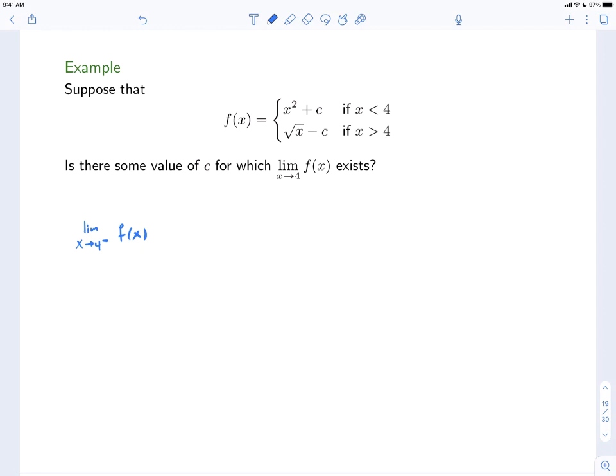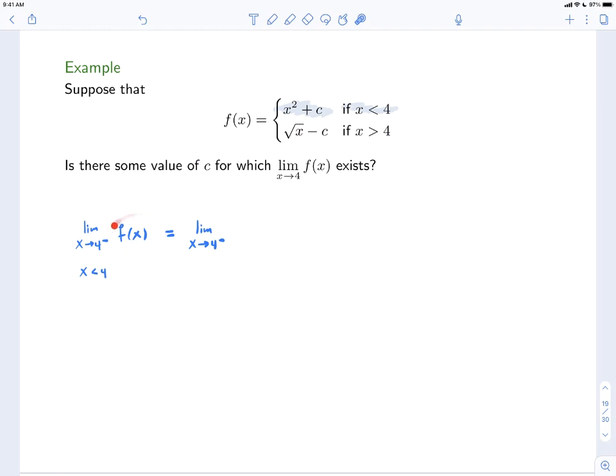Now, if x is approaching 4 from the left, that means x is 4 minus something, so x is less than 4. So if x is less than 4, then we're using this top rule, x squared plus c. So for all of the values, as x approaches 4 from the left, you're going to use the formula given on the top of this list, x squared plus c, because x is less than 4.